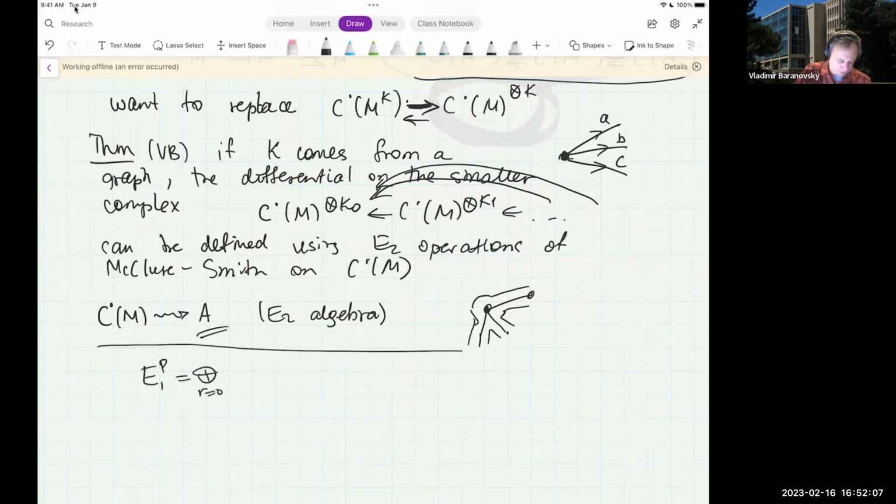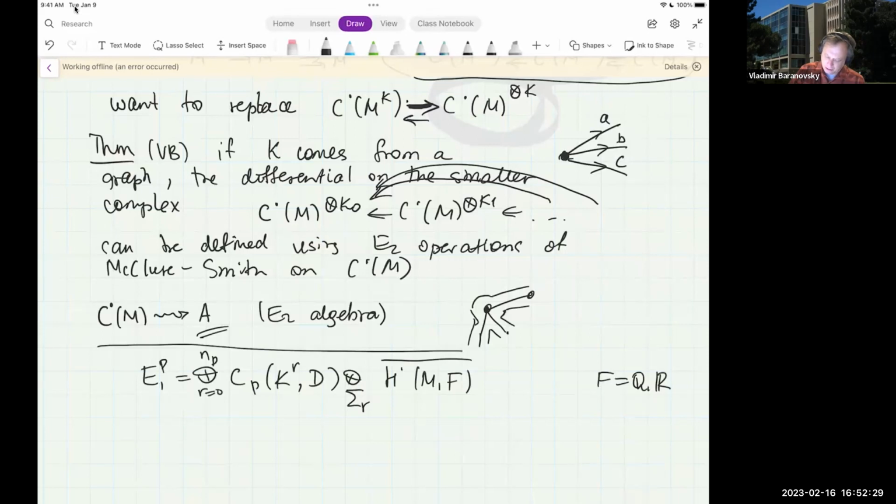It will be the sum over p of tensor products over the symmetry group, with F a field such as the rational numbers or real numbers, we take reduced cohomology, and then there will be tensor R. So for every p we have these terms, and N_p is equal to the number of p-simplices in K_p.